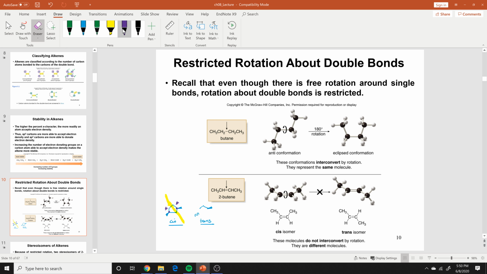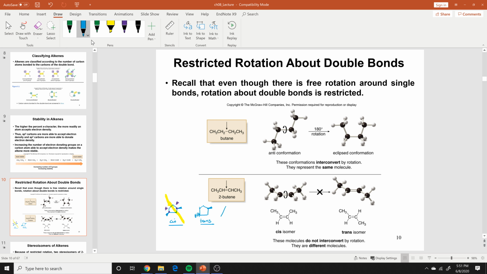If I consider the trans over here, with respect to the trans, I cannot draw a plane of symmetry. So the trans exists as a pair of enantiomers.